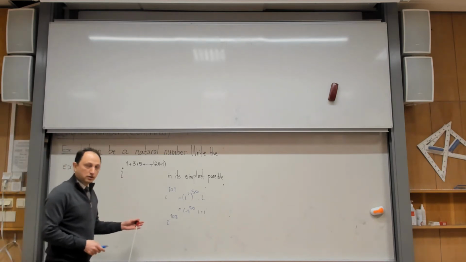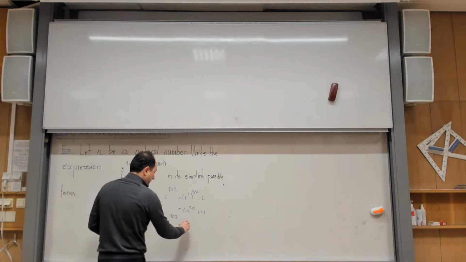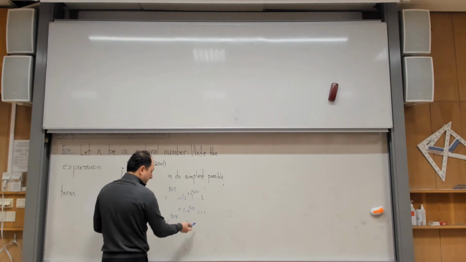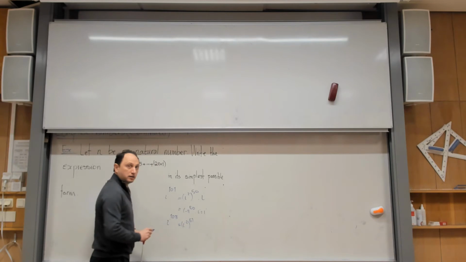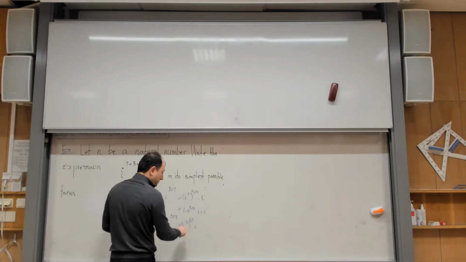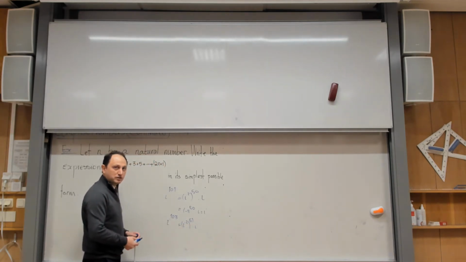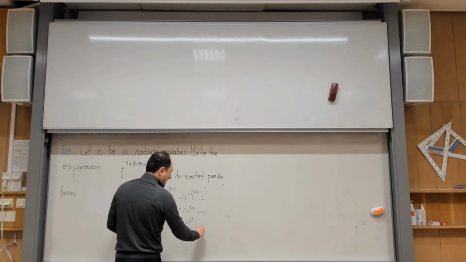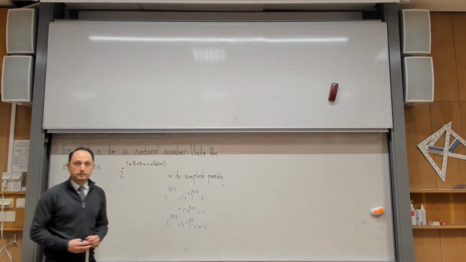The same story, yes? So it becomes i squared to the power of what? Can you tell me? 51. But then I have to multiply by i, but then suddenly something changes, yes? Because i squared is still minus 1, that's for sure. But now this time I'm raising it to an odd power, so it becomes negative 1. And then when I multiply, it becomes minus i.